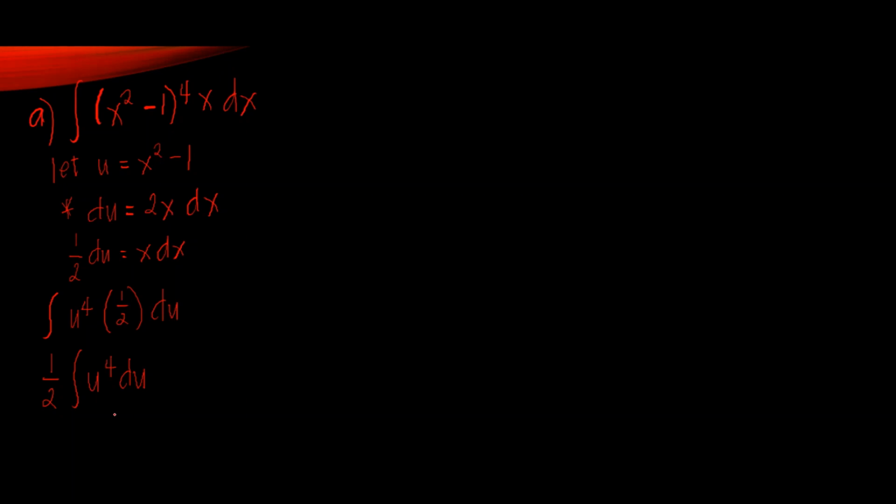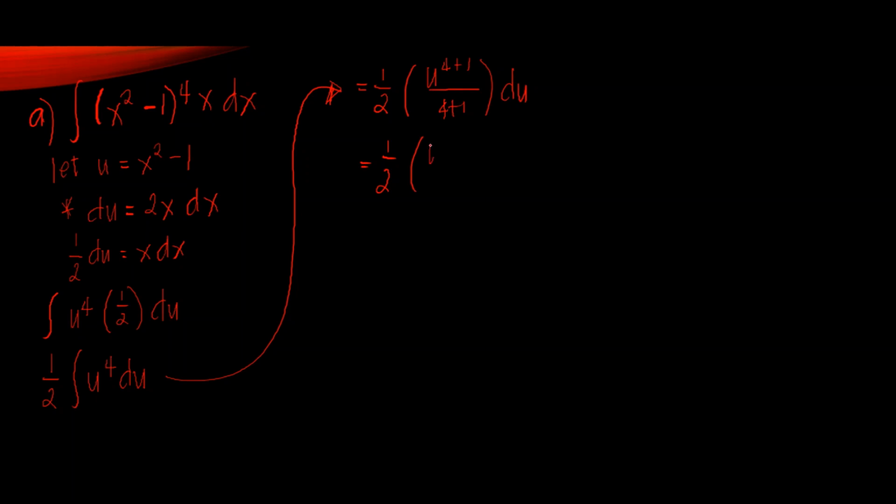So, from here, pwede na nating i-apply yung power rule natin. Okay? So, in terms of u muna tayo. This will be equal to 1/2 times u raised to 4 plus 1 over 4 plus 1. So, this will be equal to 1/2 times u raised to 5 over 5.